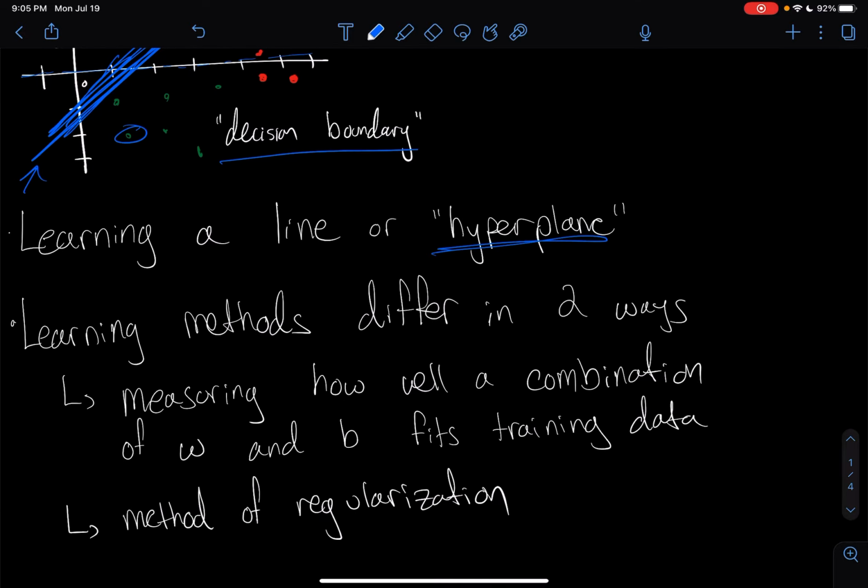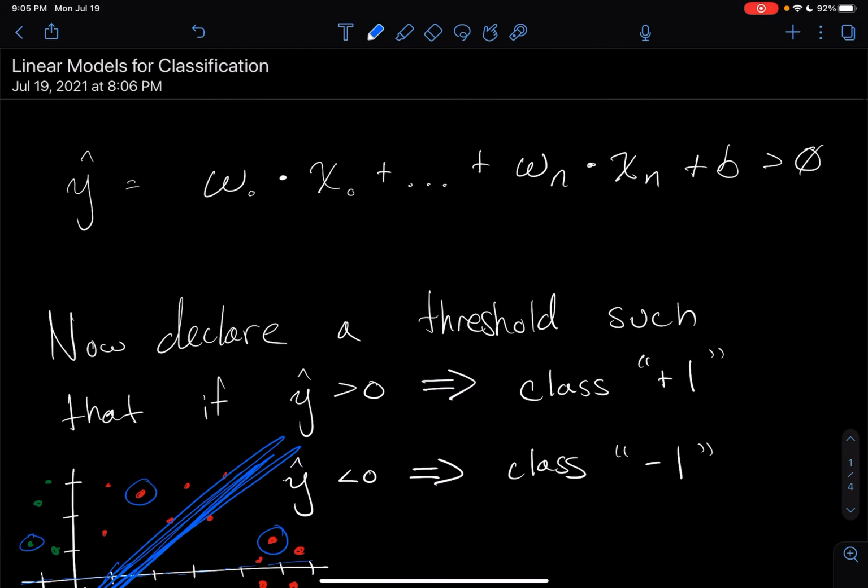Okay, so one quick note here is that a lot of these concepts tie back to the linear regression that I talked about in other videos and that you may have seen in other resources. But the learning methods for these decision boundaries, or these linear classification models, will differ in two main ways. The first one is measuring how well a combination of your coefficients and your bias or offset fits the training data. Okay? Remember, in this equation here, the data that you start with is these points here, right?